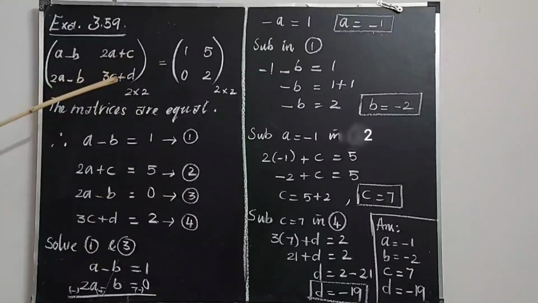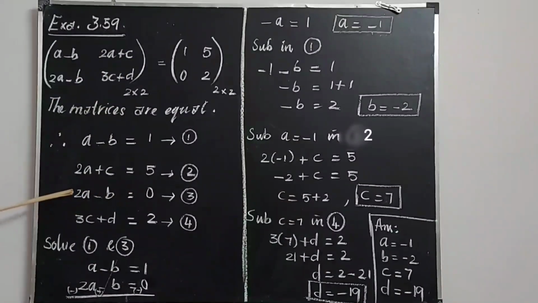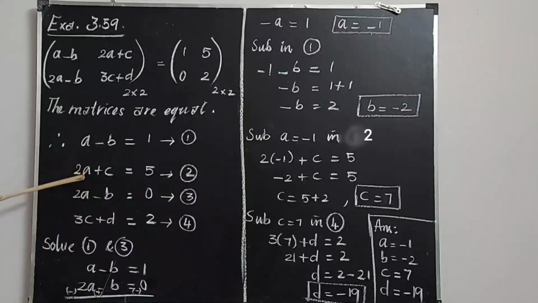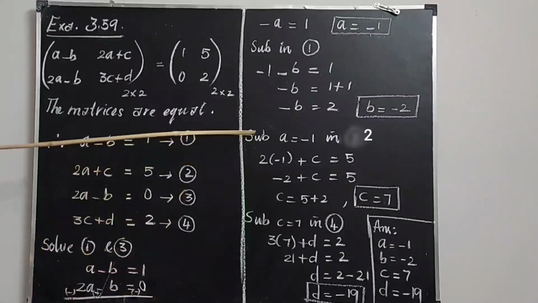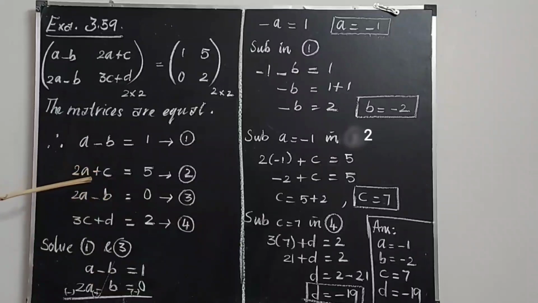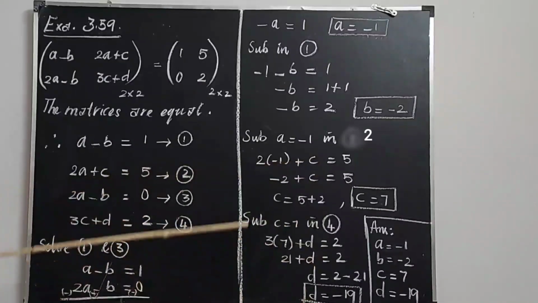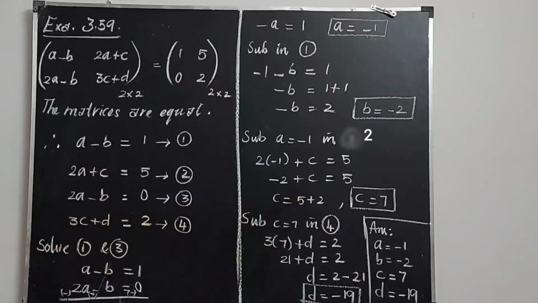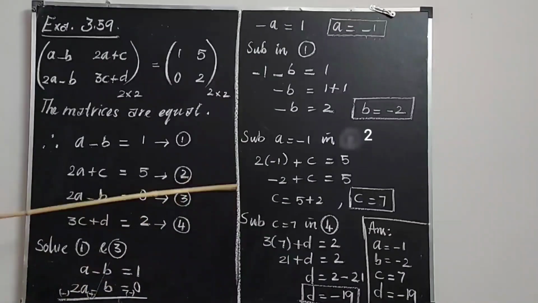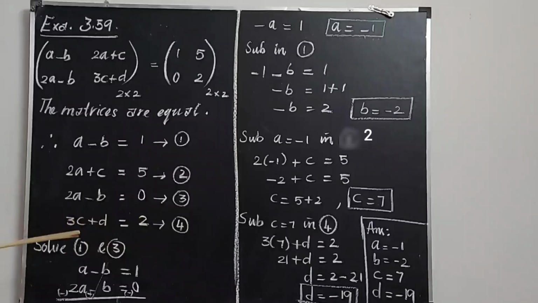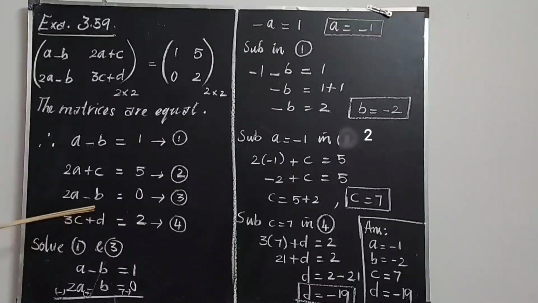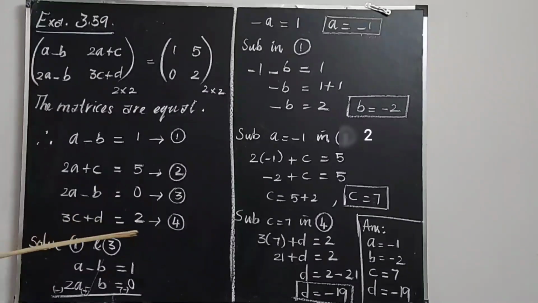Then substitute A is equal to minus 1 in the second equation to get C. When you substitute that in the second equation, it is 2 of minus 1 plus C is equal to 5. Then we get C is equal to 5 plus 2, which is 7. And after getting C, substitute C is equal to 7 in the fourth equation to get D. That is 3C plus D is equal to 2.